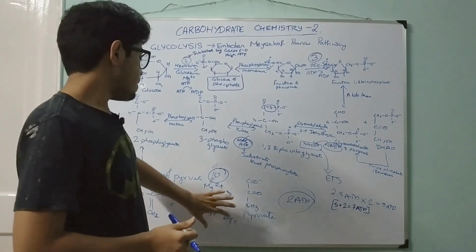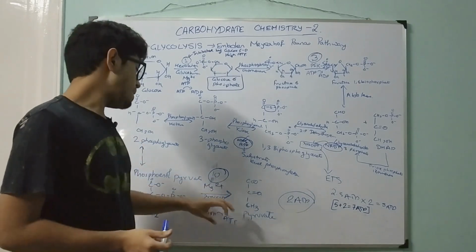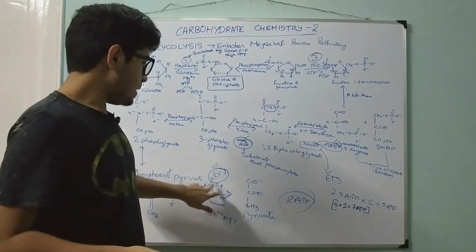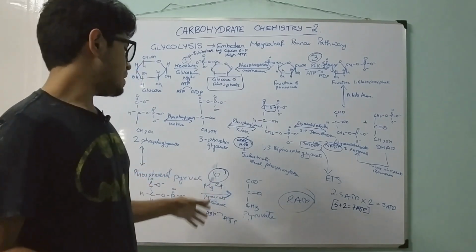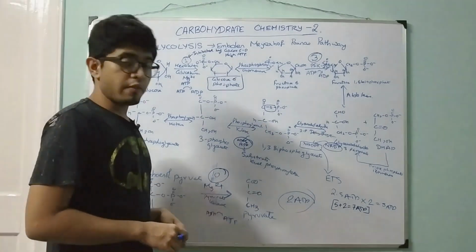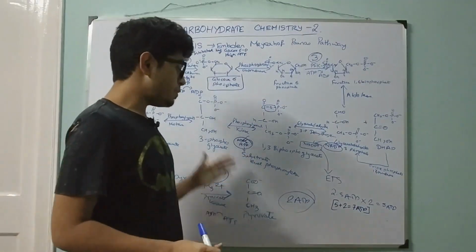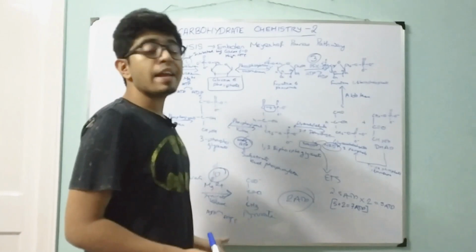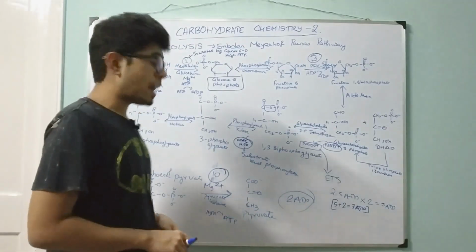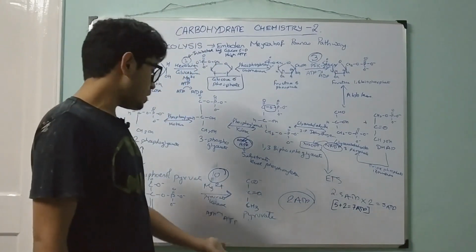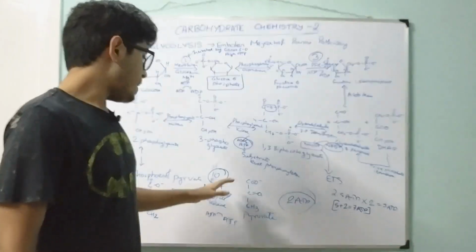Coming to the pyruvate kinase step, this pyruvate kinase is again allosterically regulated by high concentration of pyruvate and high concentration of acetyl-CoA, which is formed subsequently from pyruvate by reaction with pyruvate dehydrogenase. So high concentration of acetyl-CoA is an inhibitor of pyruvate kinase.